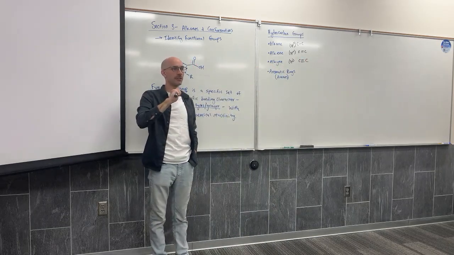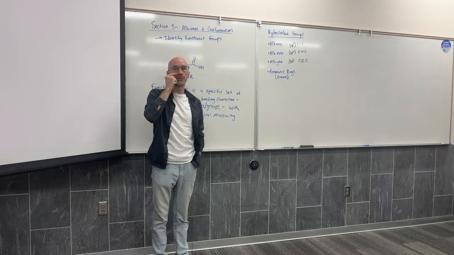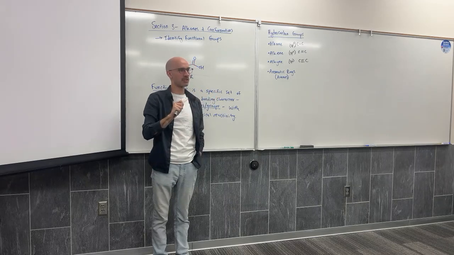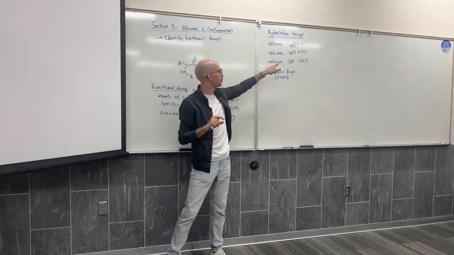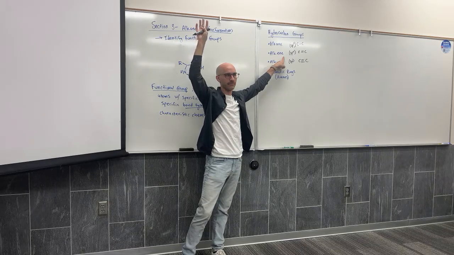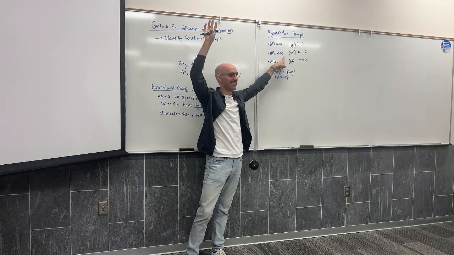Some of you on your unit test were told to take a chemical formula and draw a molecule with a specific hybridization. How many of you drew an sp2 carbon-carbon double bond? I know at least one of you did. I saw it. None of you drew a carbon-carbon double bond. All right.